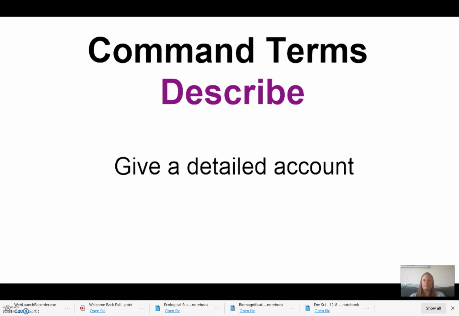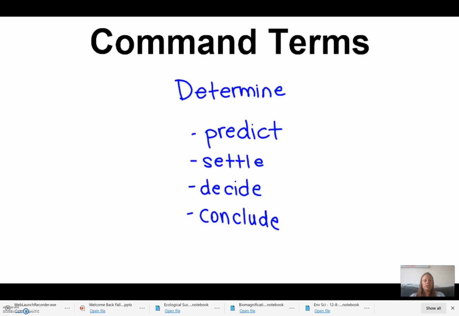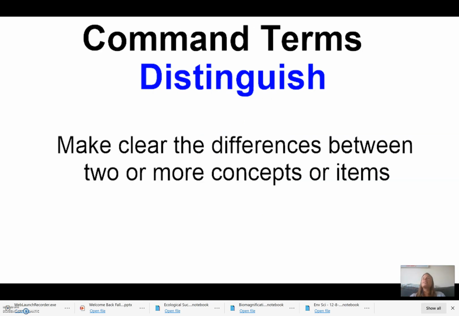Describe, you're giving me a detailed account. Apply, you're using an idea, equation, principle, theory, or law in relation to a given problem or an issue. Determine, you're predicting something, settling a disagreement, deciding something, or concluding something.